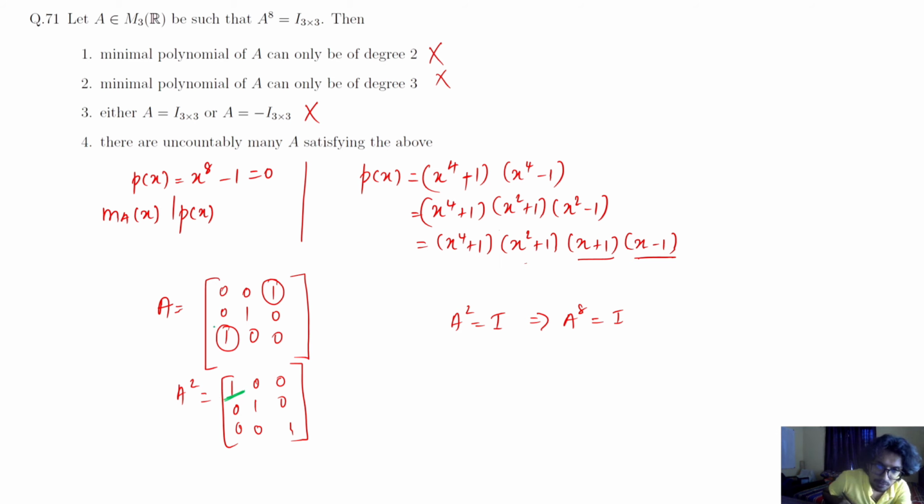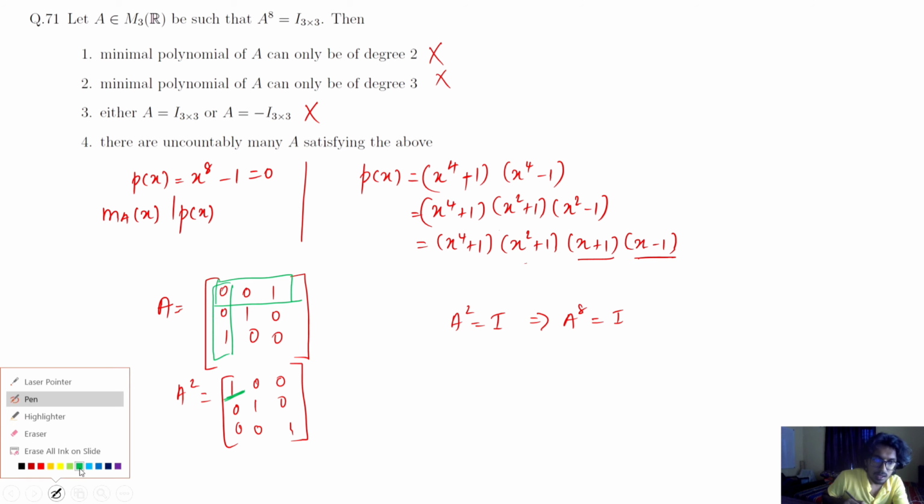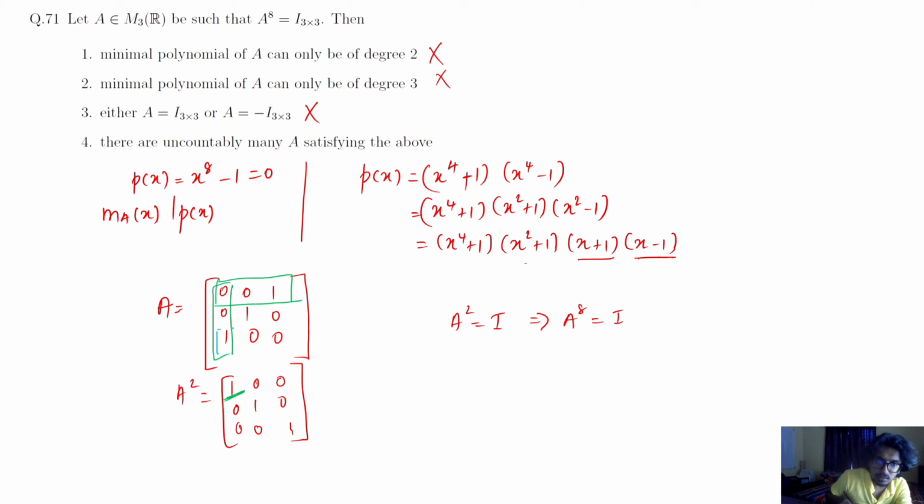And similarly, when I take the product of this row with this column, first this row with this column gave me this one, then this row with this column gave me this entry. In both the cases it was only these ones, that value 1, that performed it.